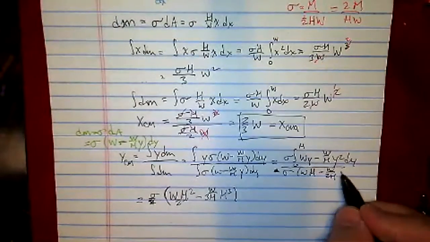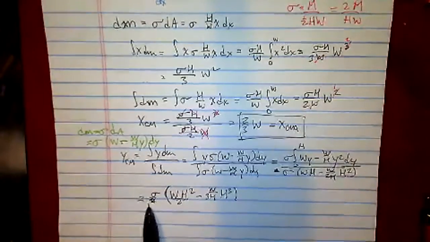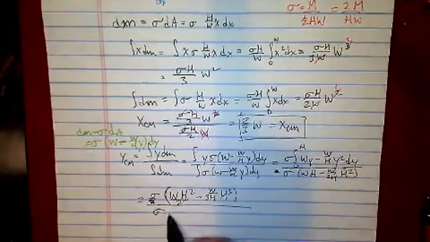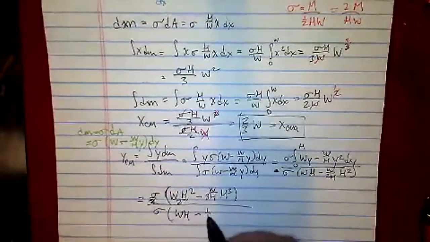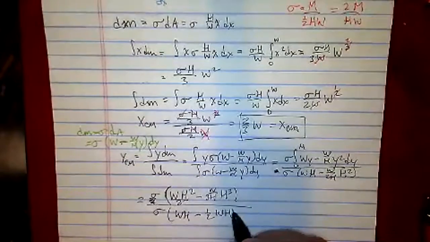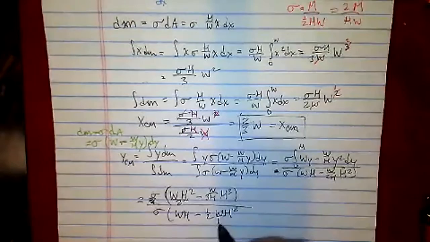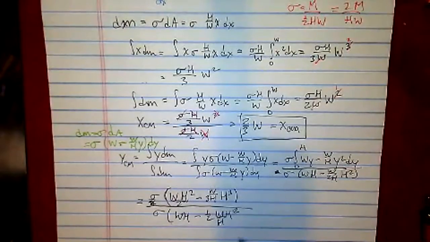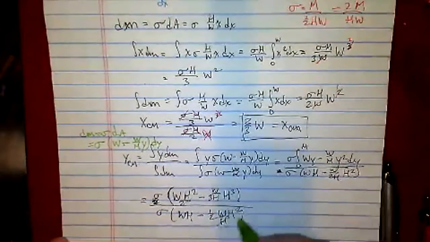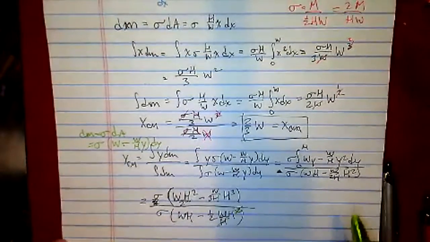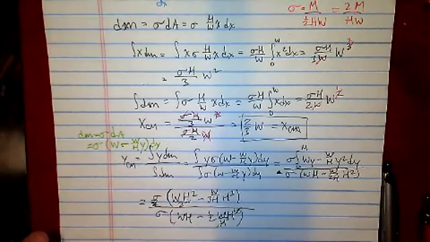And then evaluated at h gives me h squared. So under all of this, I have a sigma and a wh minus 1/2 wh squared over h. So you can see that this h is going to cancel out with one of those, leaving just a 1. So I have 1/2 wh subtracted from wh.